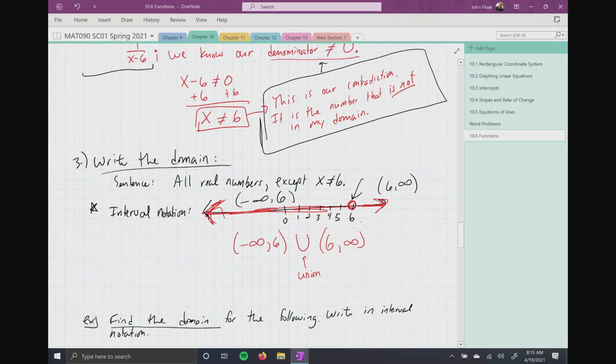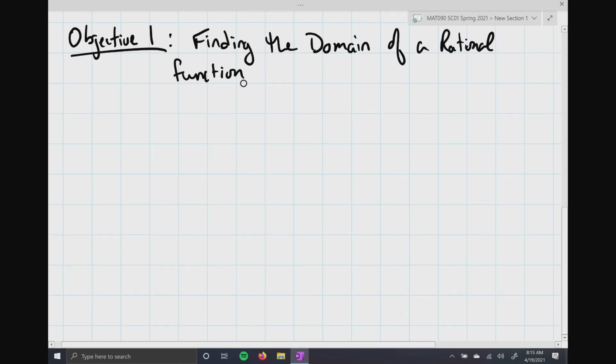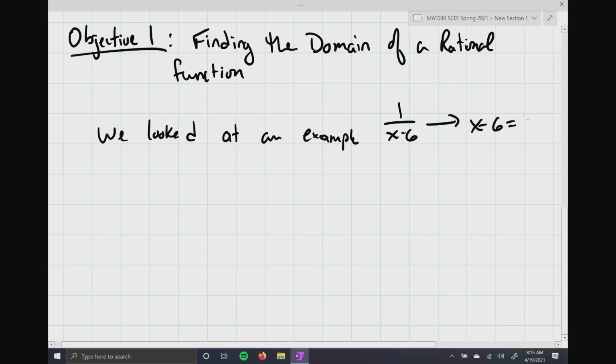Today, we're going to do the same thing. Except instead of using very simple denominators, like the denominator we looked at, this was linear because the x is raised to the first power. That's linear. That's easy. In fact, chapter 10 is all about lines anyways.